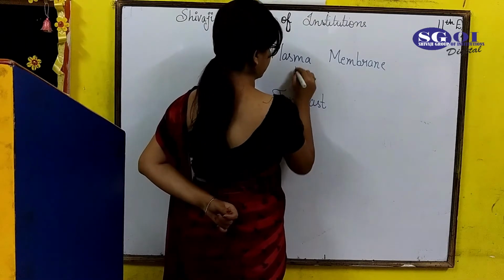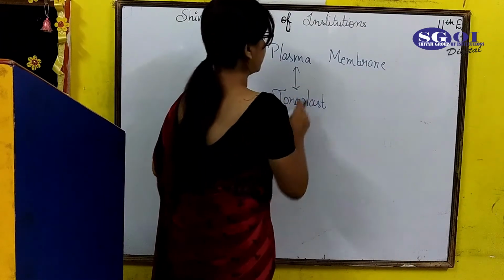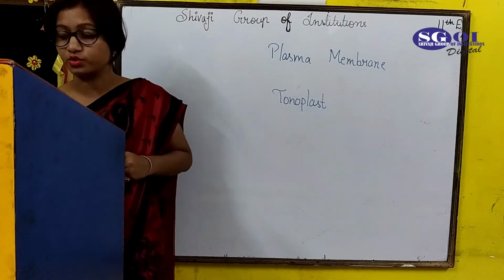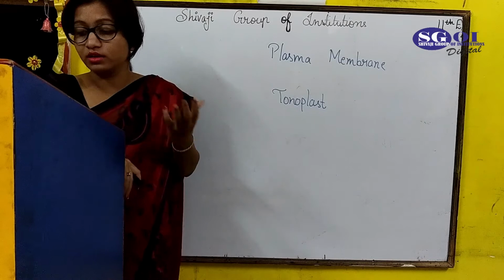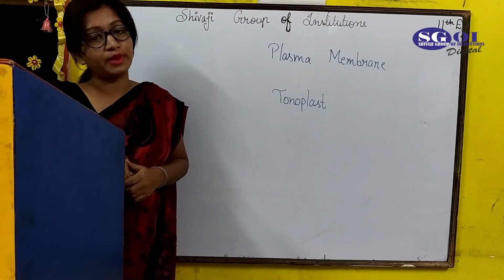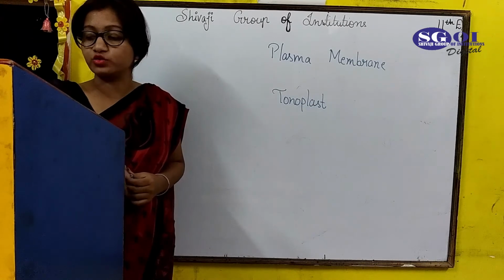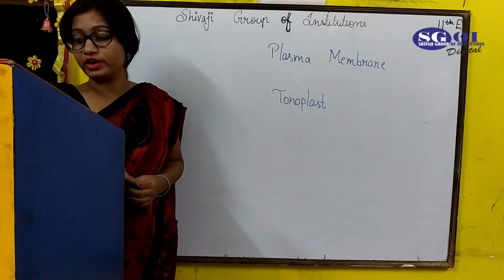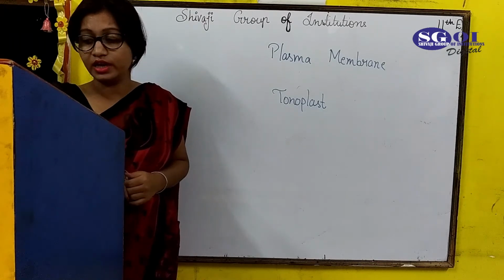Between these parts several organelles and parts are present which we have to discuss today, like ground plasm, cytosol, cell organelles which are metabolically active, and cell inclusions which are metabolically inactive. These structures are very important.